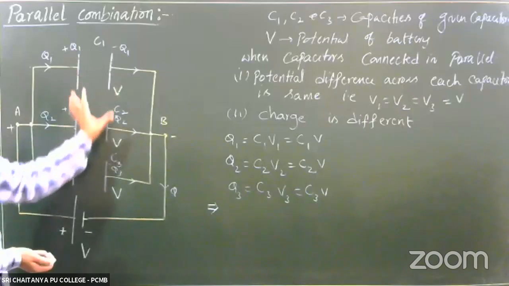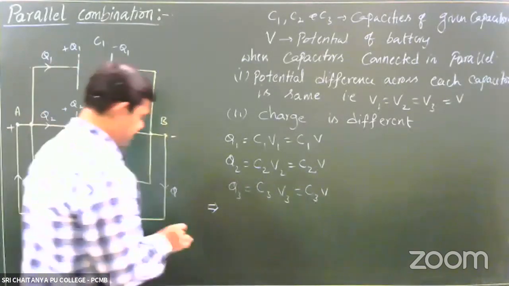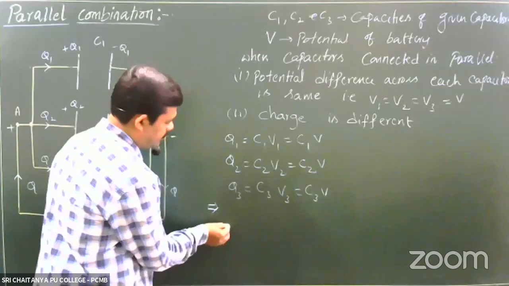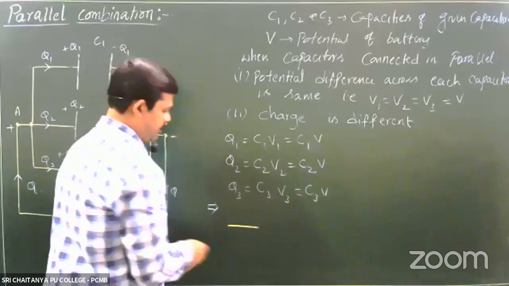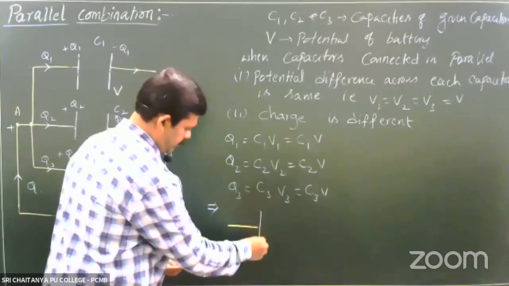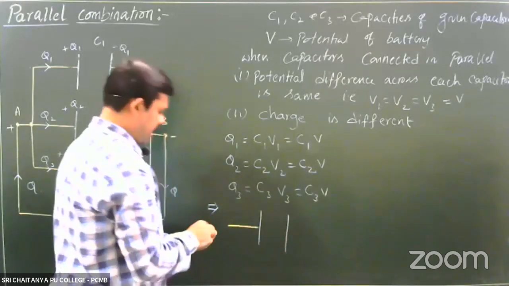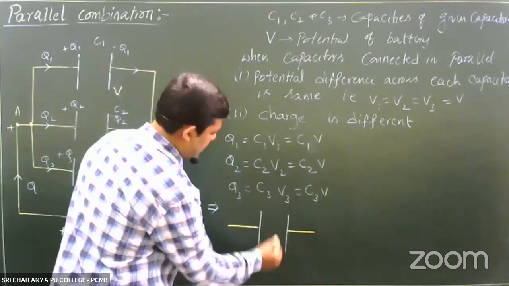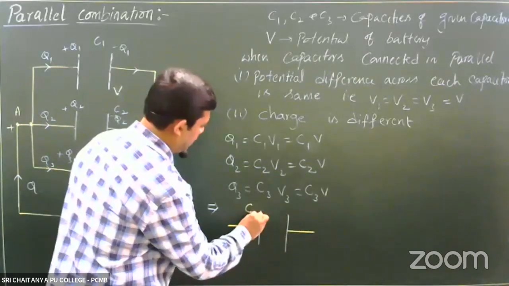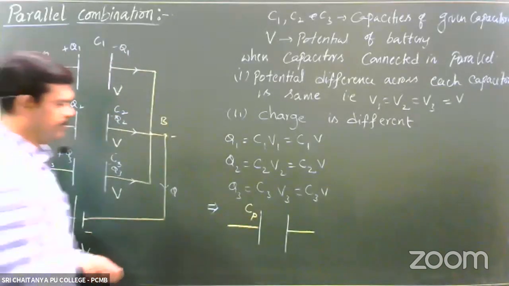If this total combination acts like a single capacitor, I call this capacitance Cp because the combination is a parallel combination.